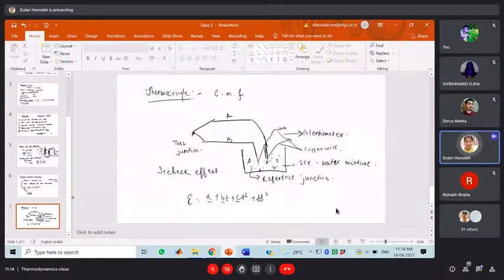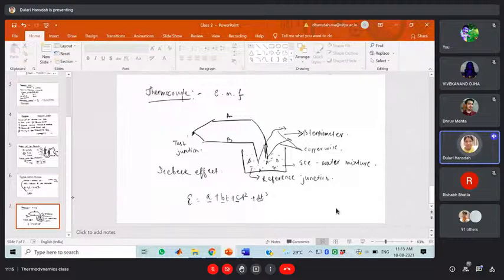These combinations are mainly used. Here you can see an ice water mixture, and both the materials are connected to a point. This connects to the test junction, where we want to measure the temperature of any system.